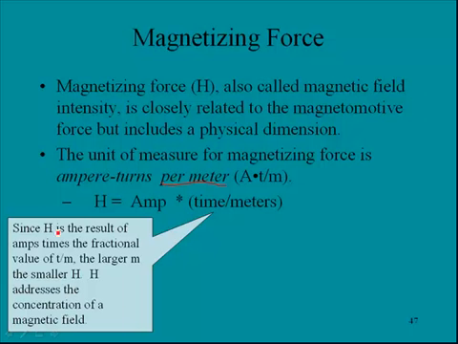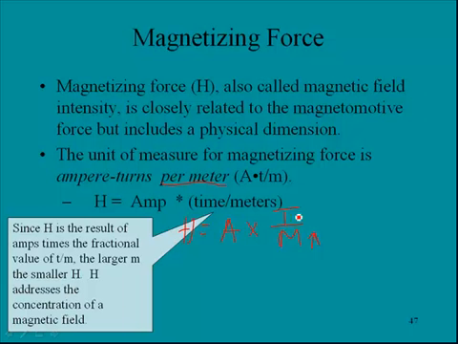Now, since H is the result of amps times turns over meters, the larger the length in meters, the smaller the H.